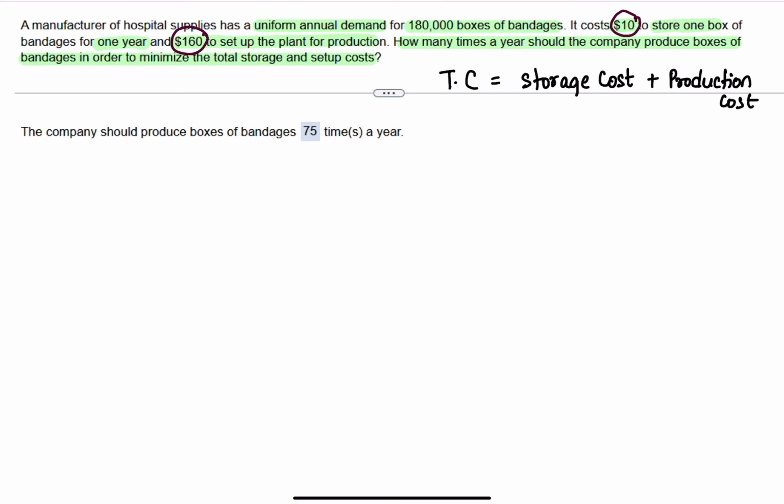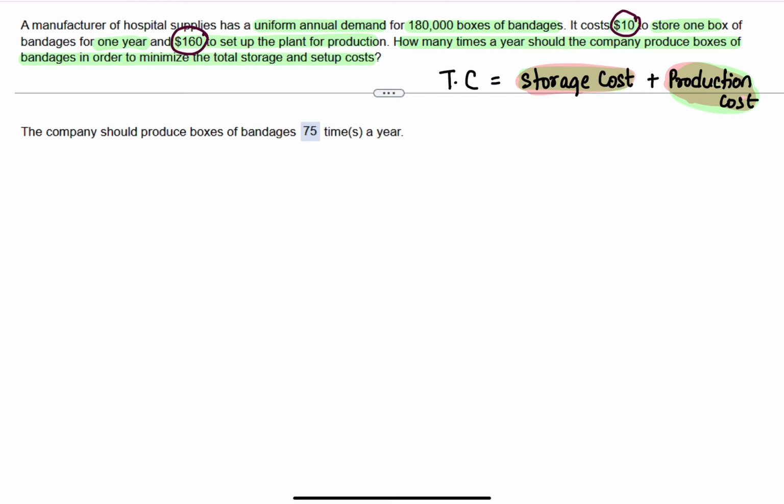Now you can say, Miss, I'm just going to produce everything once, so my production cost is going to be low and I'll be done. But keep in mind, when your production cost is low, your storage cost is going to go up. But if you produce multiple times, your storage is going to go down, but your production is going to go up. So you have to find that sweet spot where you have a balanced amount of storage and production, so your cost is going to be minimum.